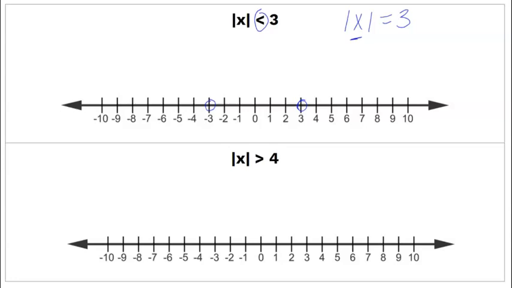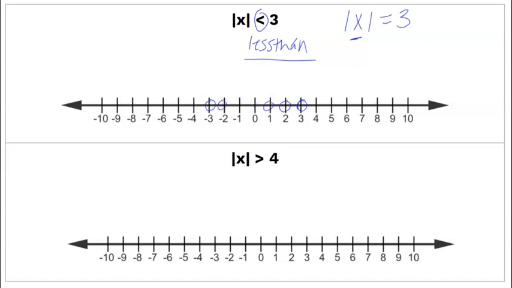And then if we go back to this inequality piece, it says less than 3. So which pieces would have an absolute value of less than 3? Well, 2 would have an absolute value of less than 3 because 2 is only 2 jumps away from 0. 1 would also, because it's only 1 jump from 0.